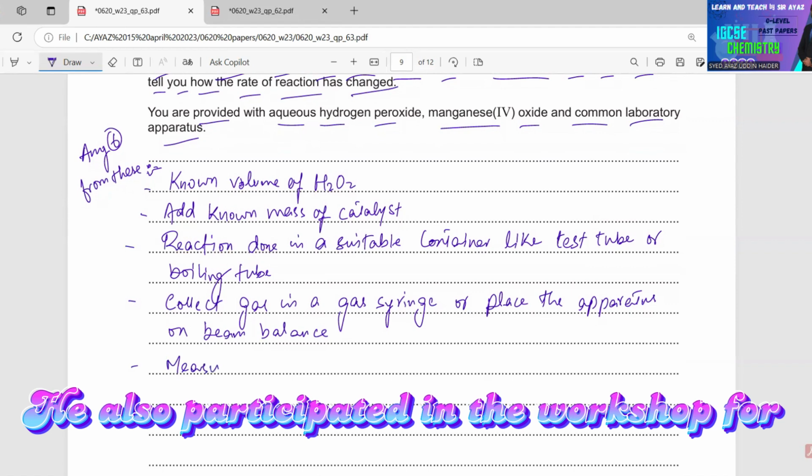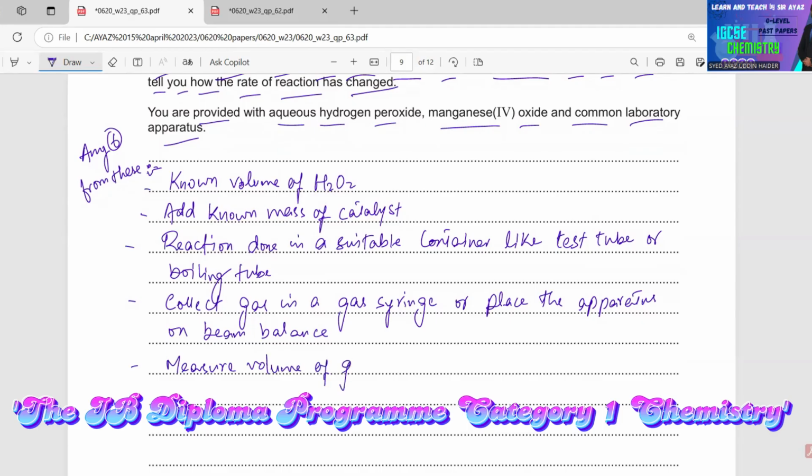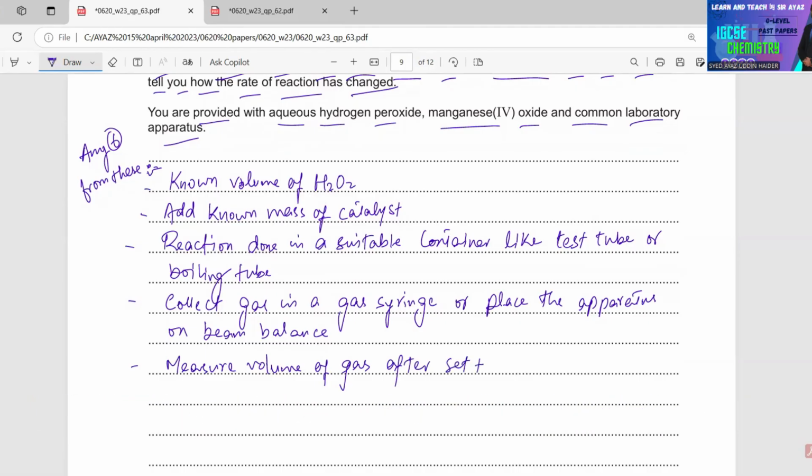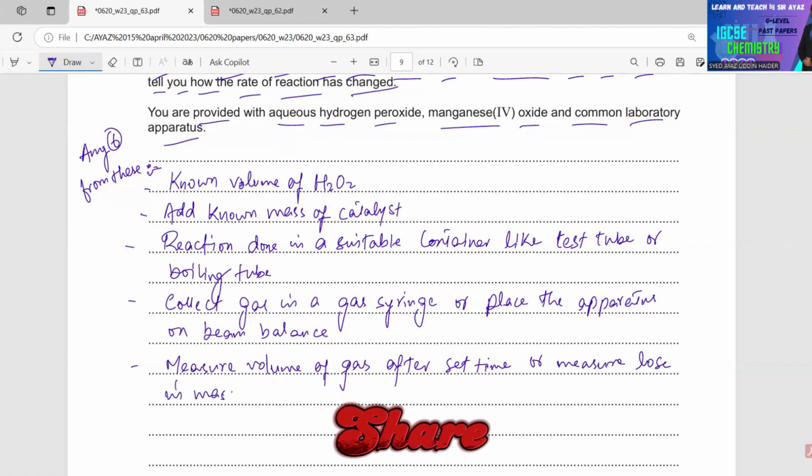Measure volume of gas after set time, or measure mass lost, or measure loss in mass again after set time.